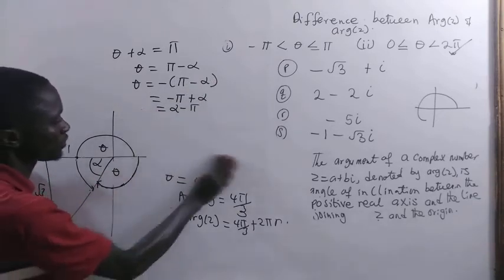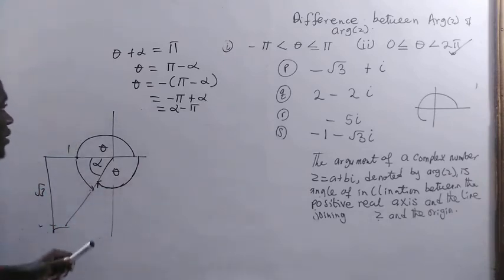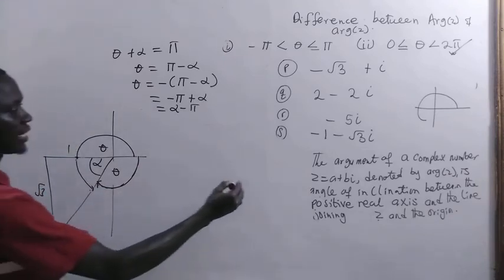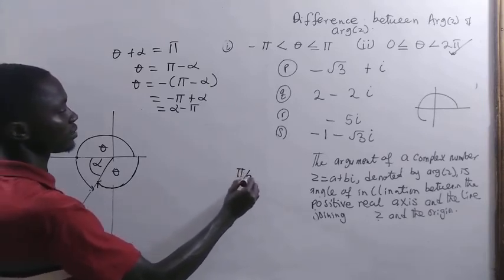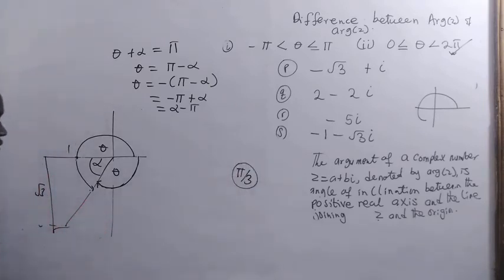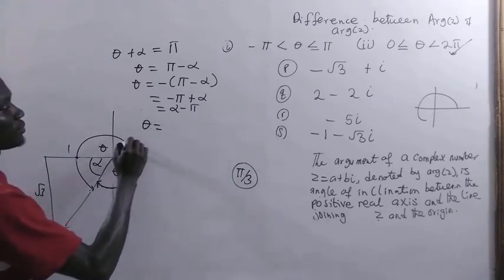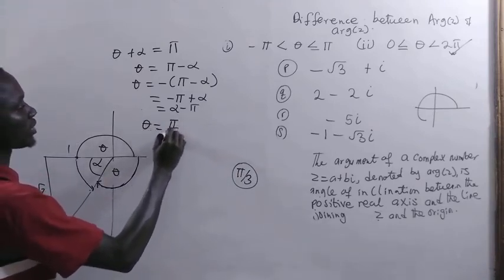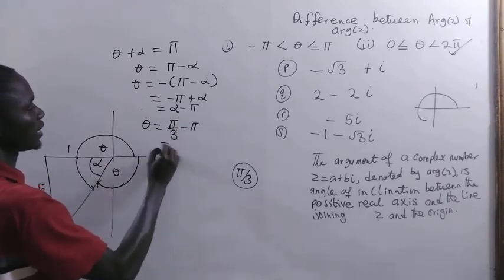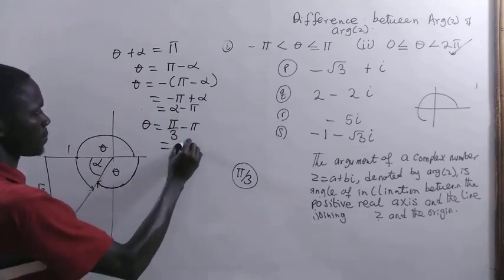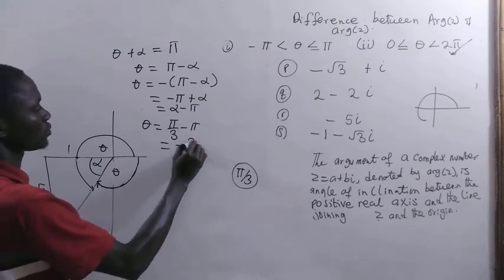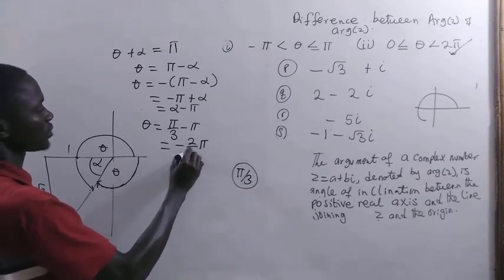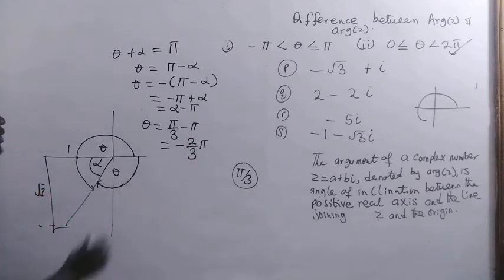So we should take note of that. So here, what did we get? Pi on 3, right? Okay, that's what we had. Yes, that is what we had. So here, theta will be pi on 3 minus pi. That will give you negative 2 pi on 3 as theta.